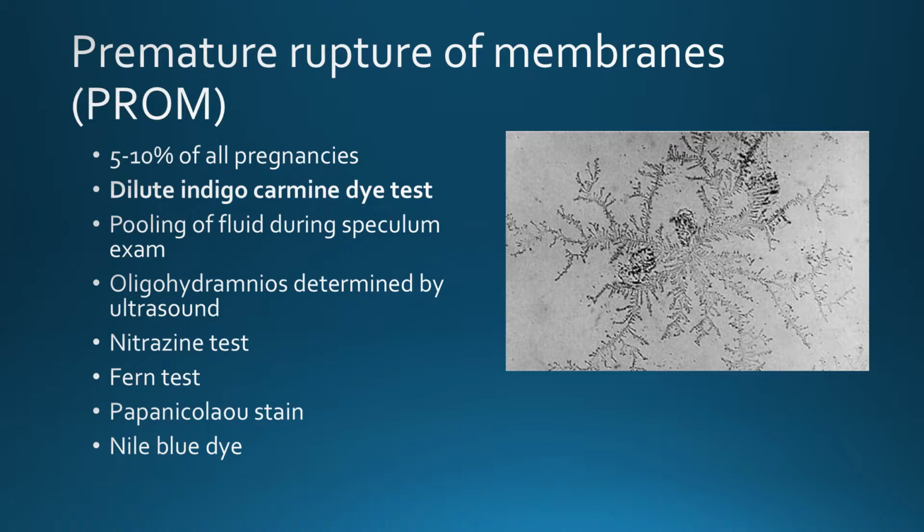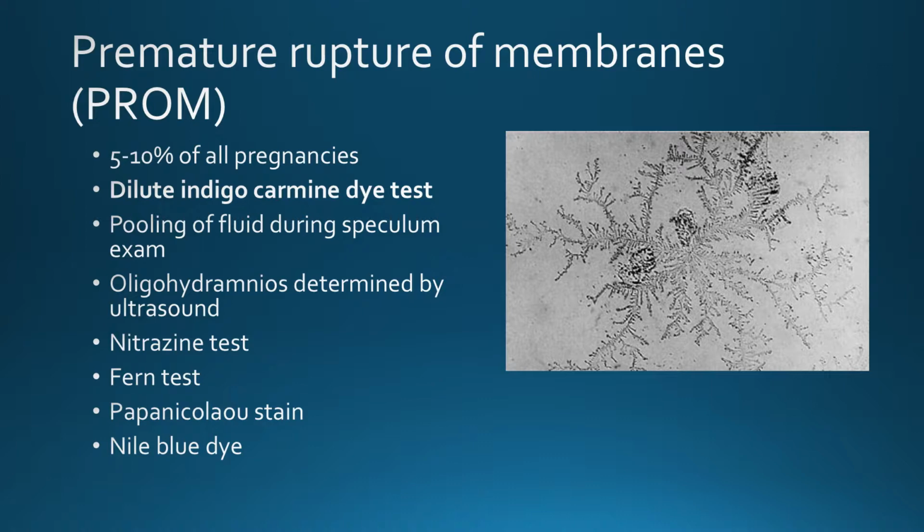So if you do a speculum exam and you see pooling of fluid in the vaginal cavity, that's a pretty good indication that you've got rupture of membranes. If you do ultrasound and you see oligohydramnios or no fluid left, well, it had to go somewhere, so rupture of membranes. The other thing is you can test the pH of the pooled fluid.